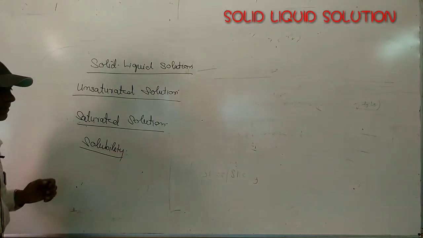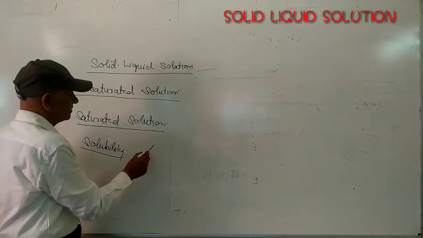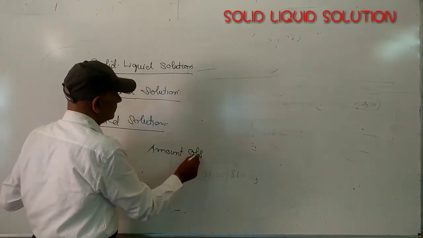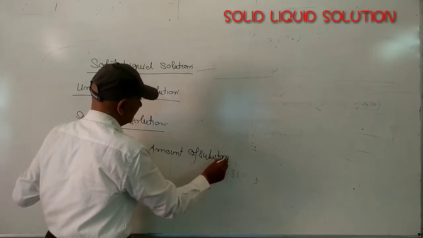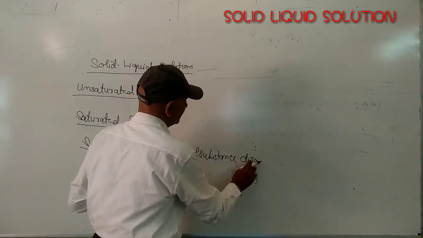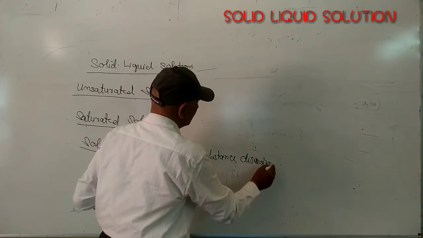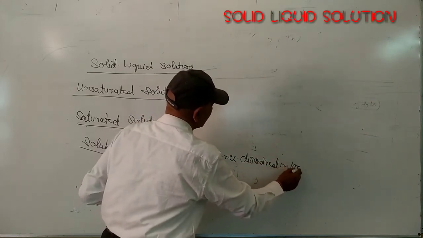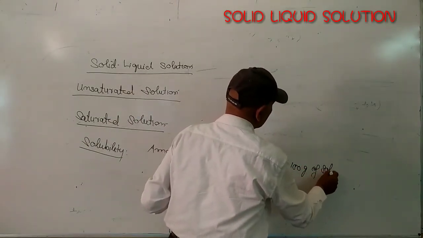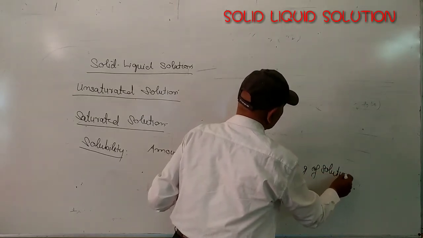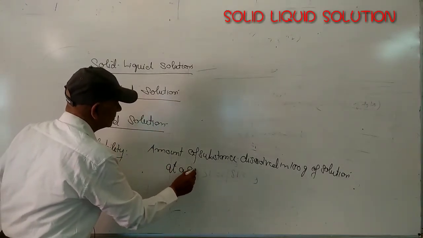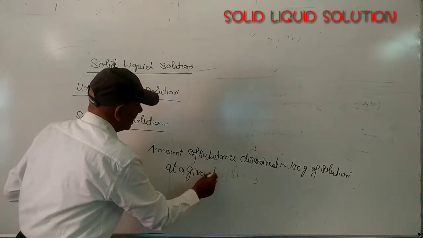So solubility is the amount of the substance dissolved in 100 gram of solution at a given temperature.